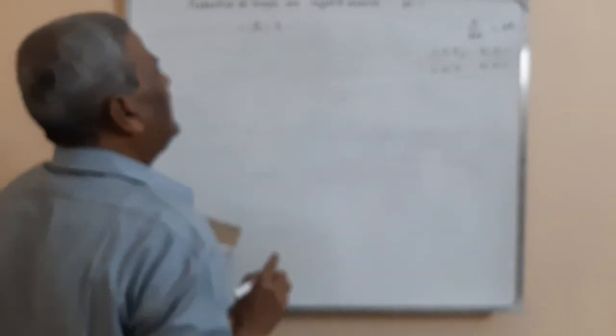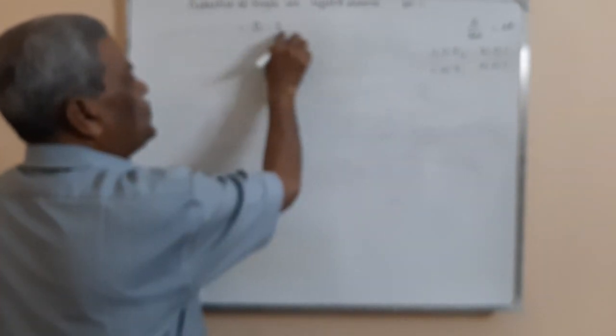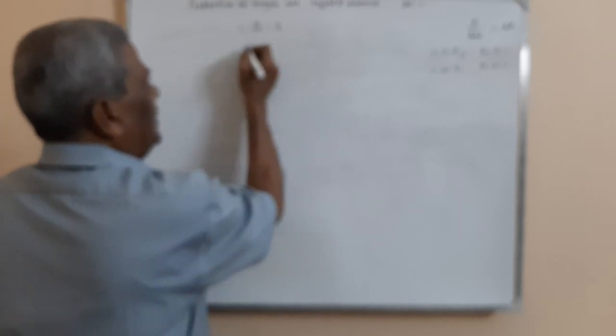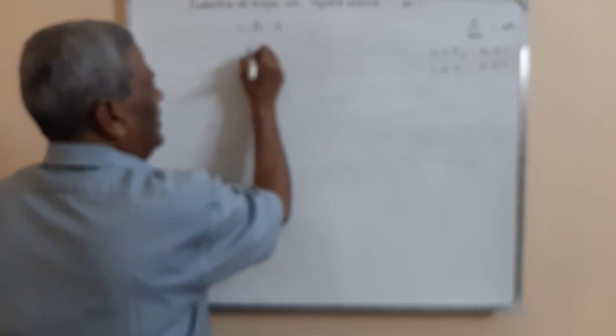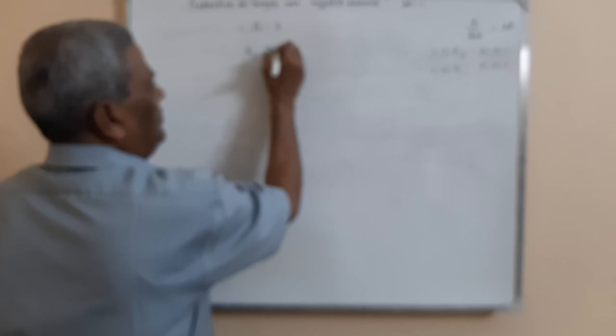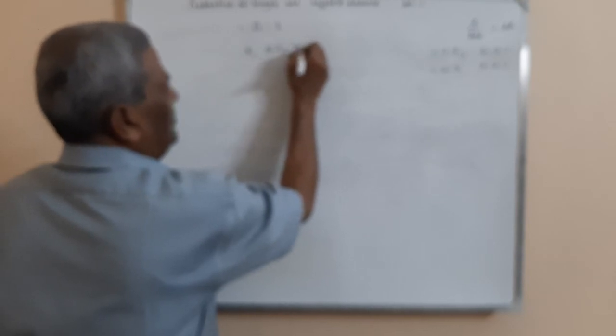Given that the sides are in this ratio, say the sides are k, root 3k, and 2k.